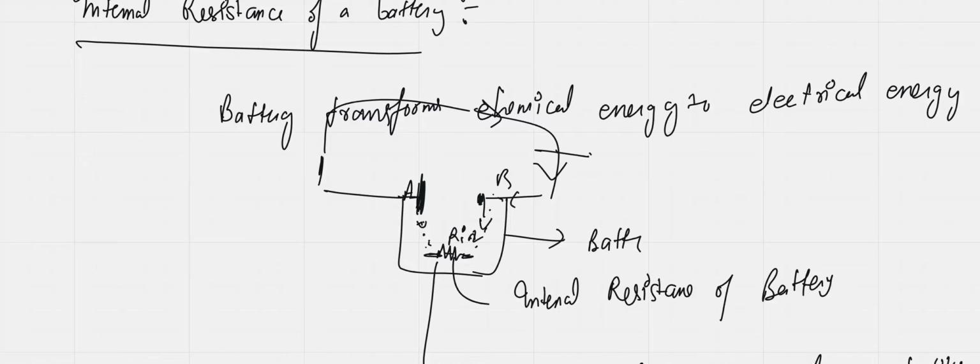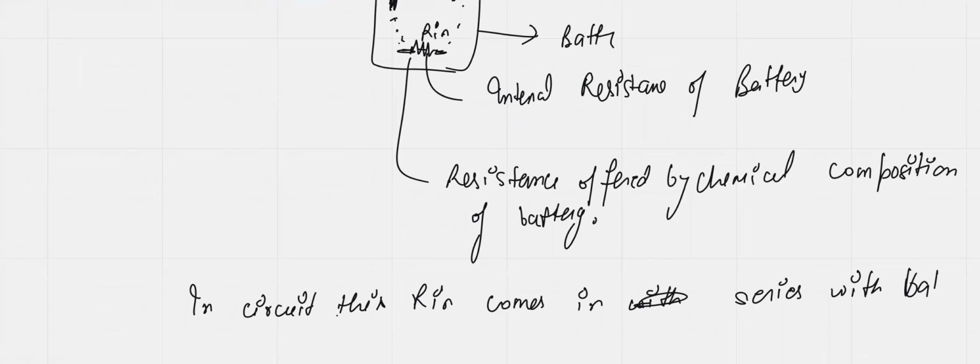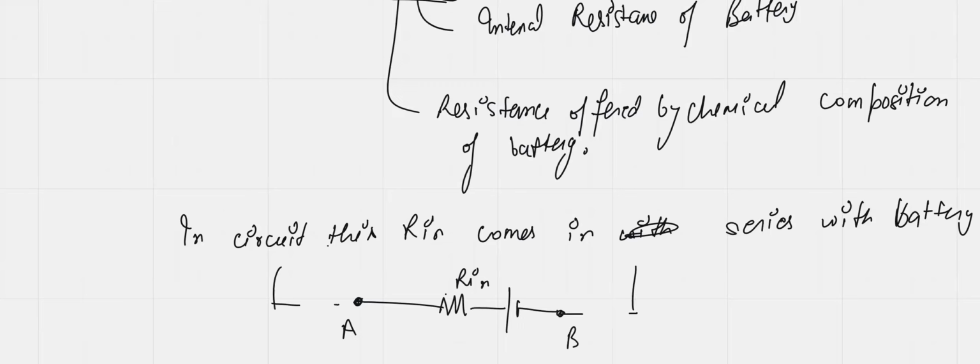This chemical composition reduces its mobility, its speed gets decreased, so you can say that it provides a resistance. So this is A, this is R internal, and this is B. Any doubt? Extended to the circuit.